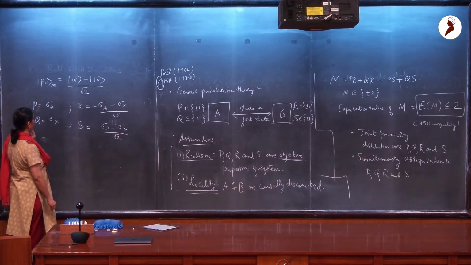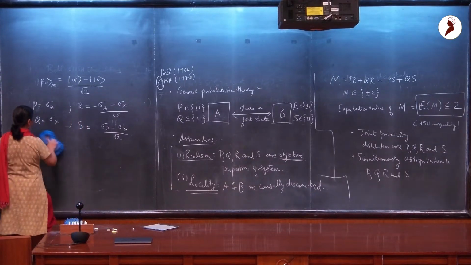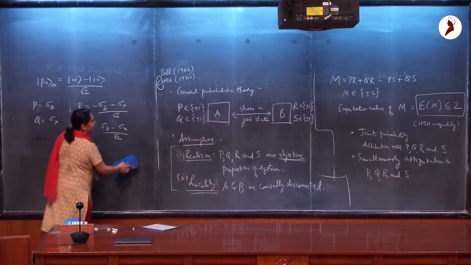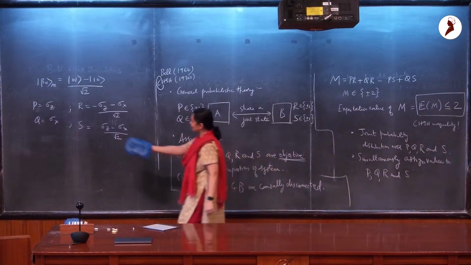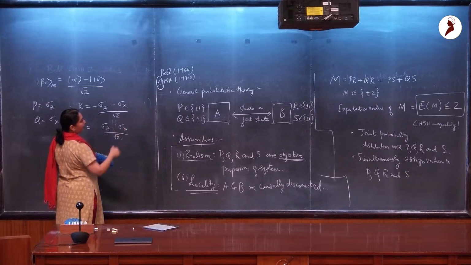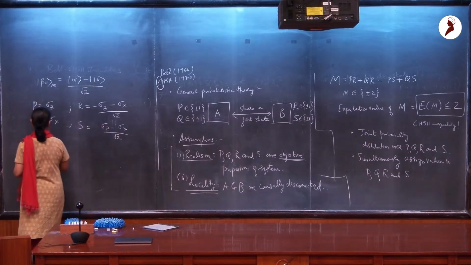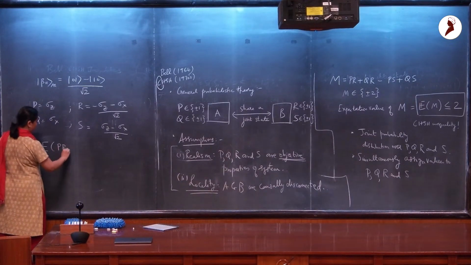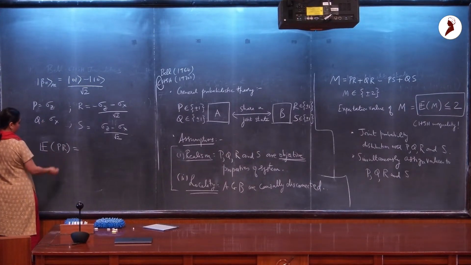I'm going to leave this as an exercise for you to show that if you compute this expectation value for this set of 4 observables... Now, what do I mean by PR in this case? I have to be a bit more careful. Let me write down one term here as an example. In quantum mechanics, what is the expectation of PR?